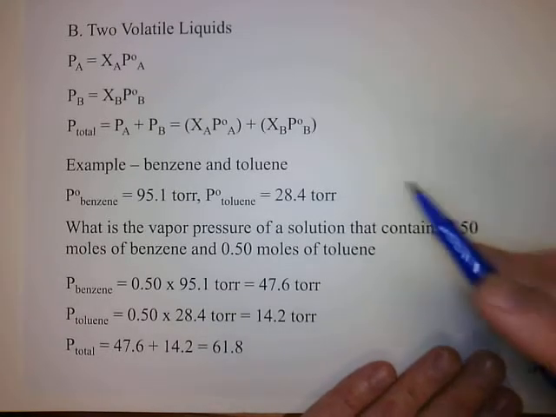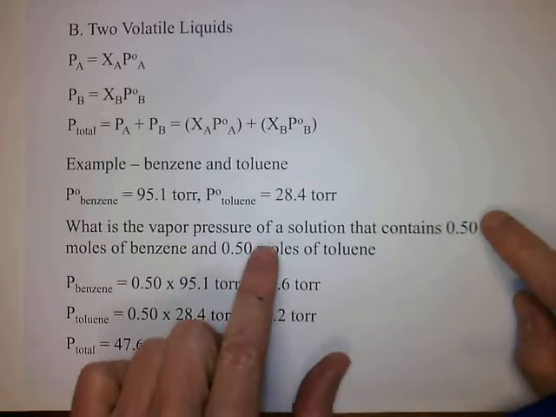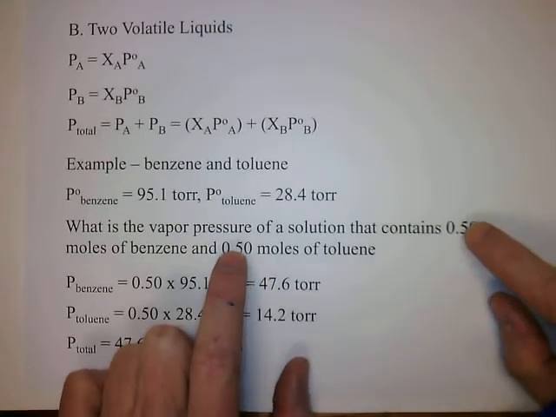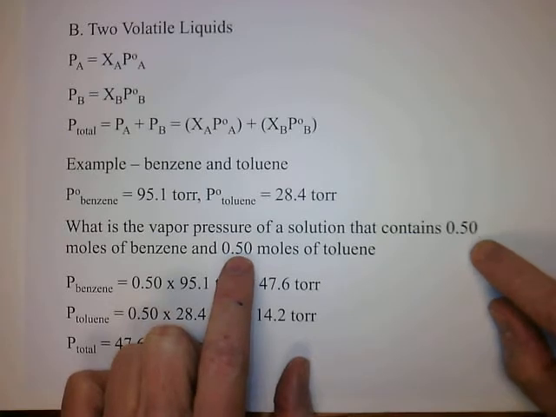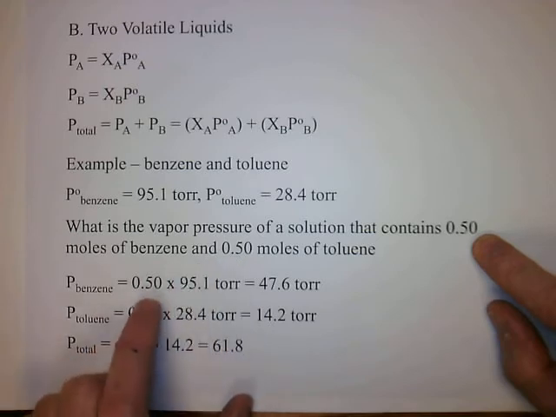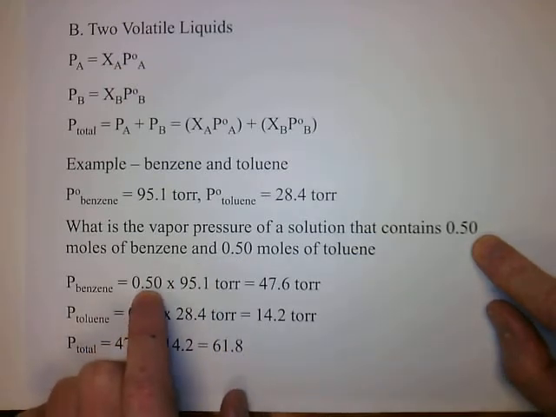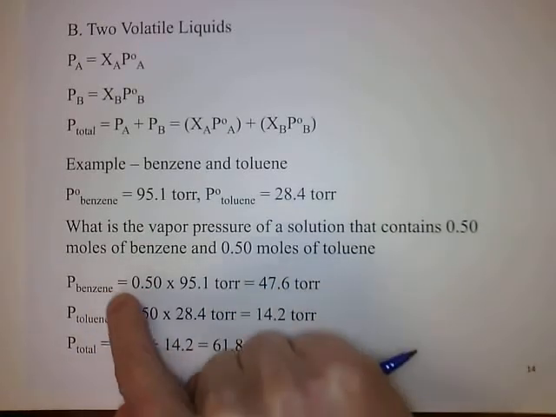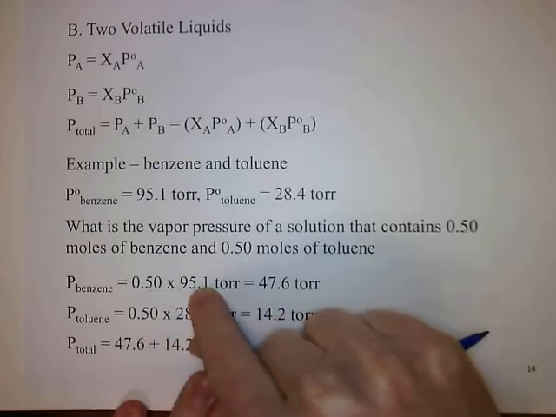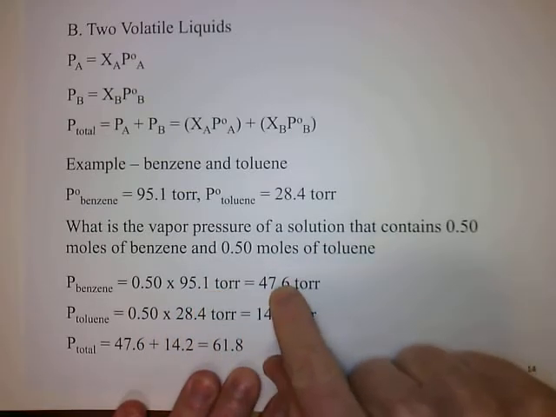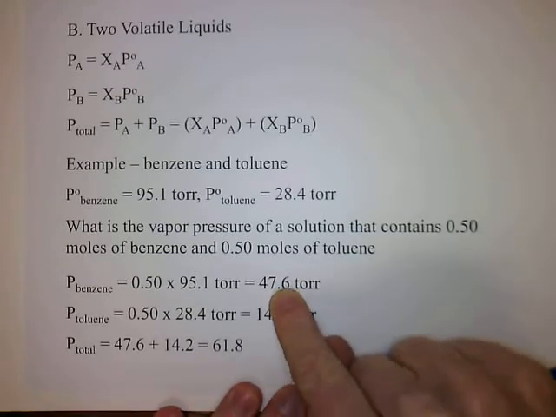So you should be able to see that the total number of moles is equal to 1. This is kind of a shortcut problem because the total moles is equal to 1, so the number of moles is the mole fraction. Okay, so what's the vapor pressure of the benzene component? 0.5 times 95.1 is 47.6 torr.